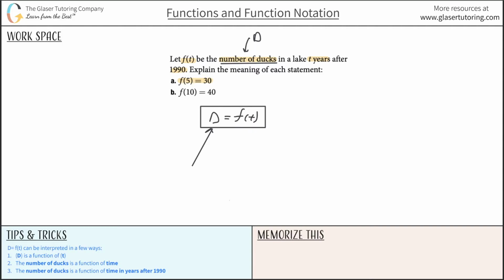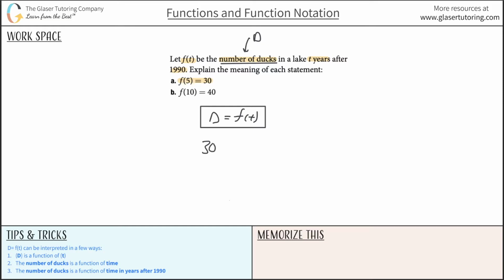Now I can take these statements, organize them so they match this formula, and then I can easily interpret it. Notice my function value is on the left, and I have it in my equation on the right. It doesn't matter, but I'm going to flip this around to be consistent with the equation I have.